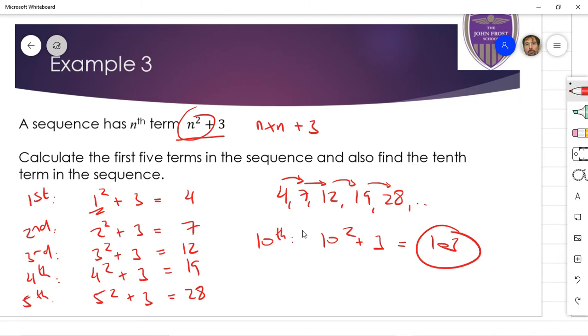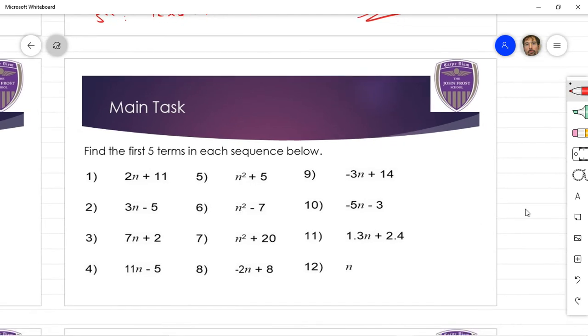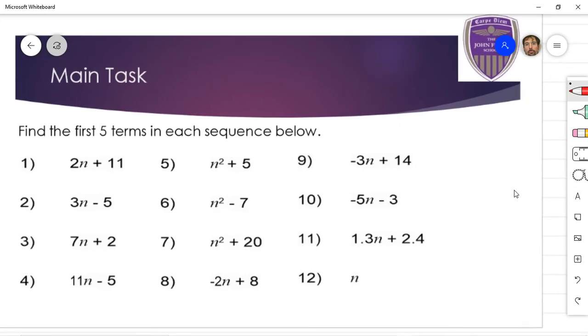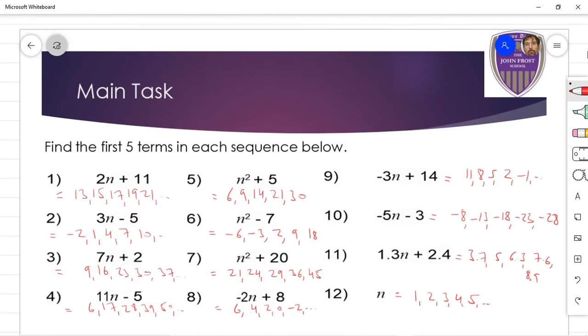So for the main task now, there are 12 questions. I just want you to find the first 5 terms in each sequence below. So pause it, have a go, and the answers will be on the screen shortly. Okay, so the answers are all below.